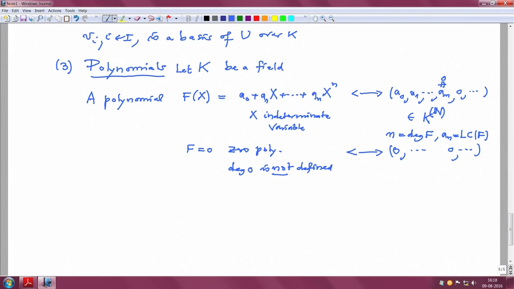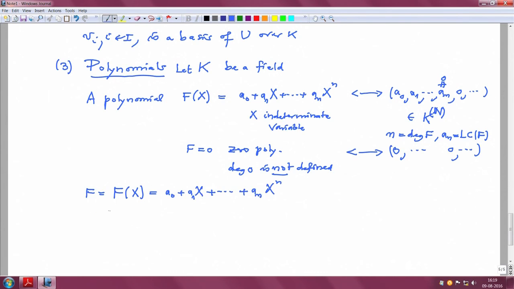And we know now how to add polynomials. Add them component wise. So if you have one polynomial f(x), and normally one drops this x in the notation of the polynomial, you will just call it capital F. This is a0 plus a1x plus ... plus an x^n.